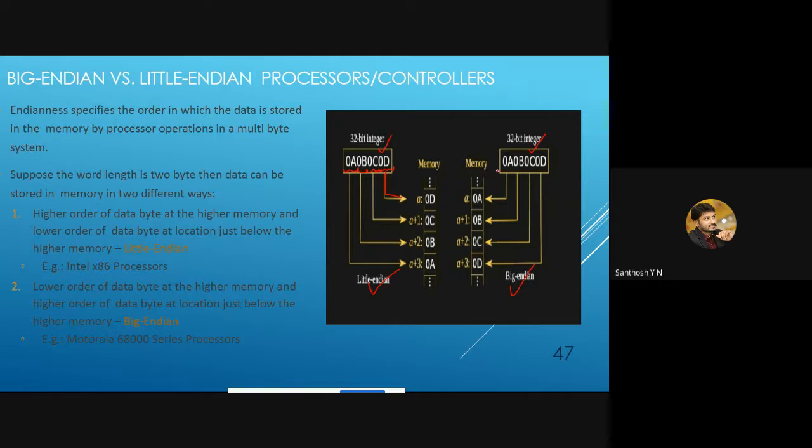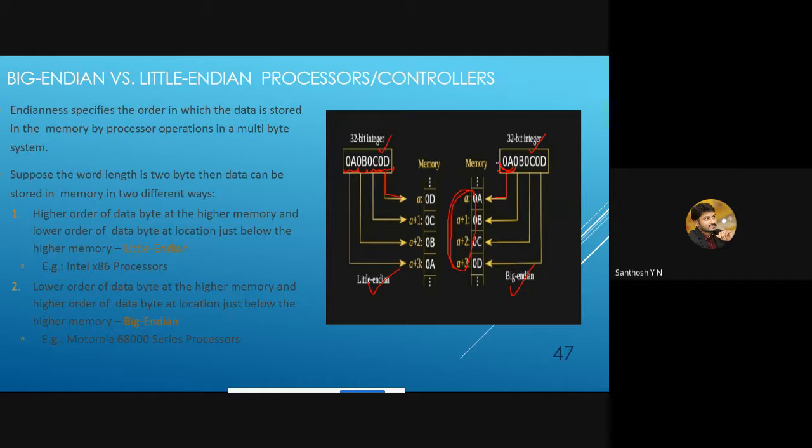So the higher order data, 0A, is stored in the memory location whose address is low, when compared to the addresses of these memory locations, 8000, 8001, 8002, 8003.